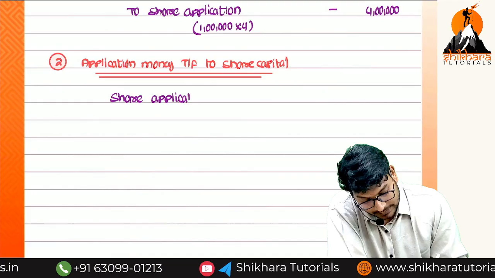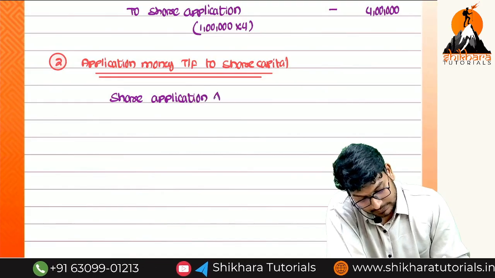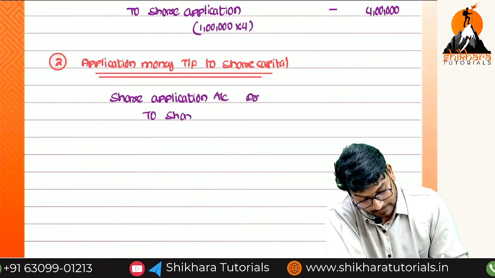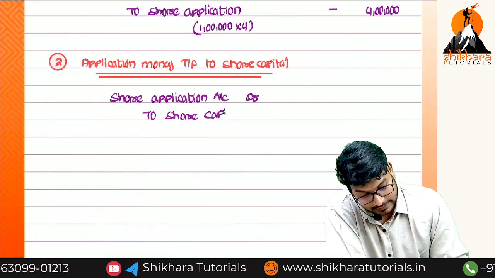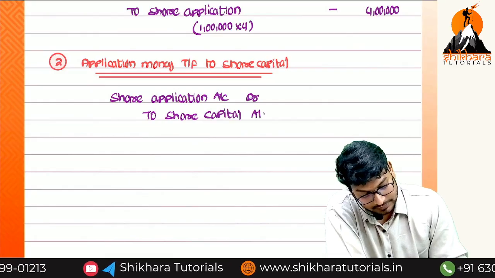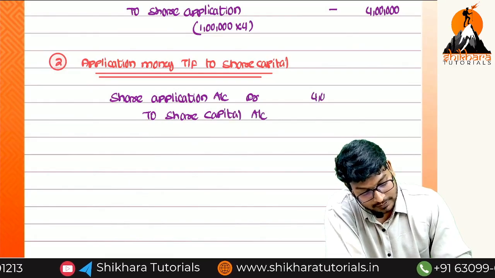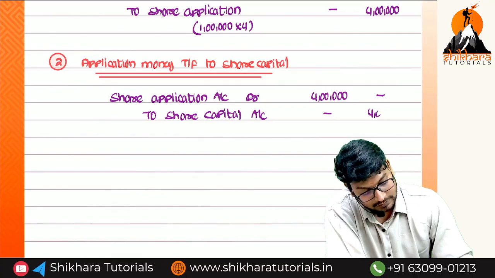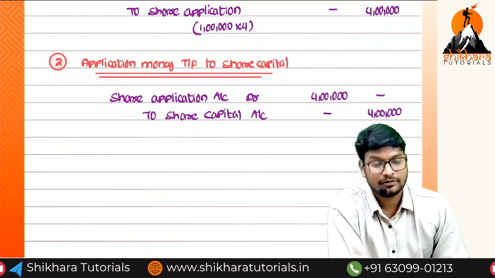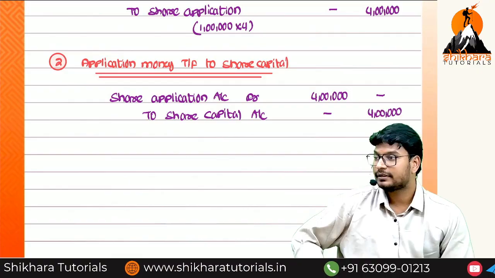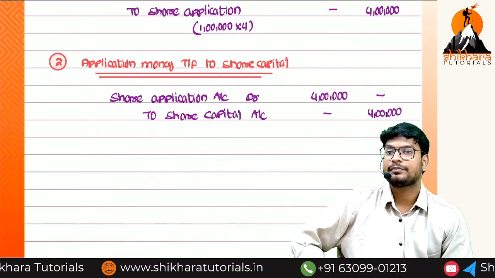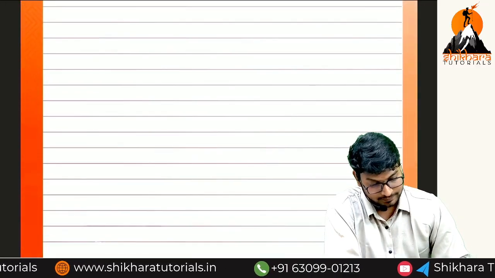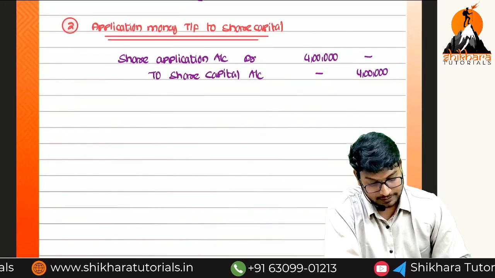The same amount, 4 lakhs. When coming to the allotment onwards, first we have to write due, and then we have to write receive. I think I completed the second one.